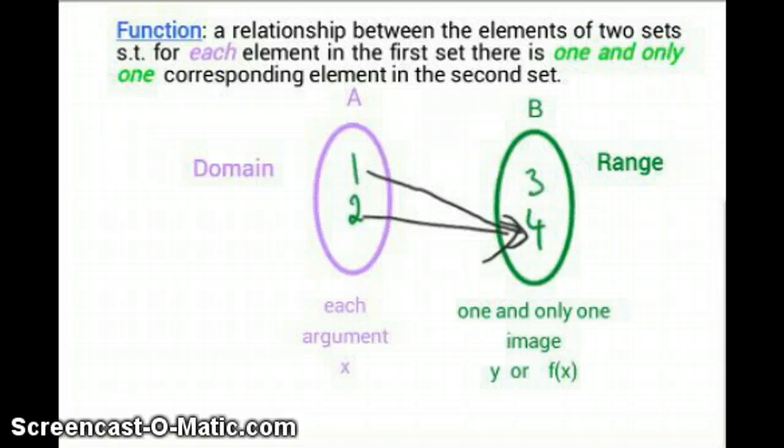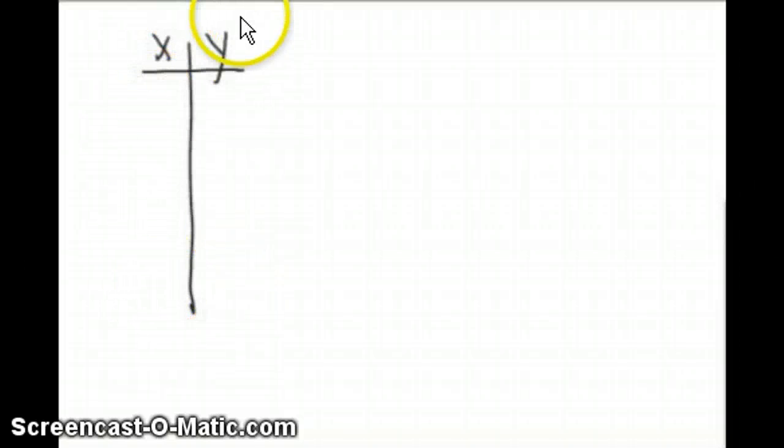In math, we don't really use diagrams all the time. We use tables of values, where we show the correspondence I've shown before in a chart using x and y. So the arguments are in the first column and the corresponding images in the second one. So if I have in the first column 1, 2, 3, do you remember what the corresponding images were for 1 and 2 and 3?